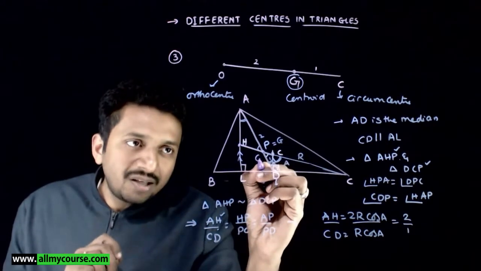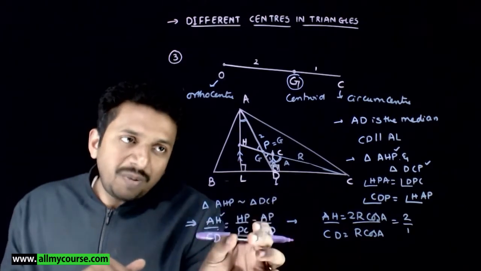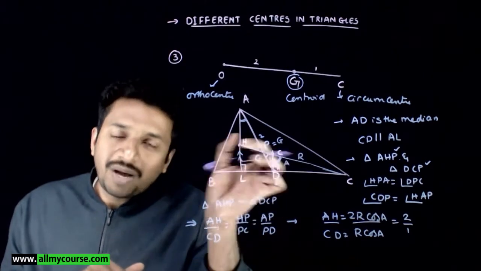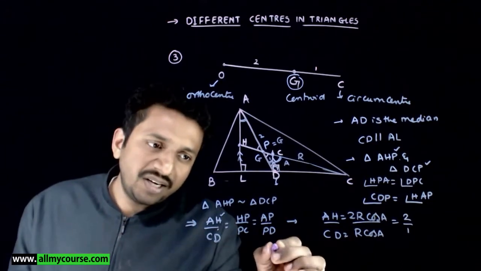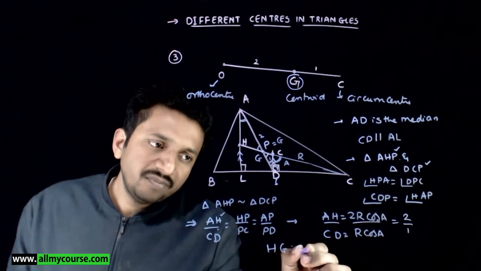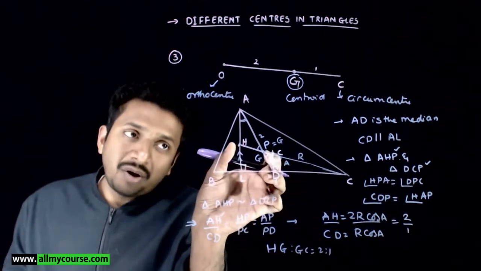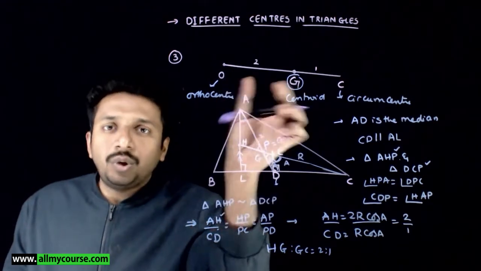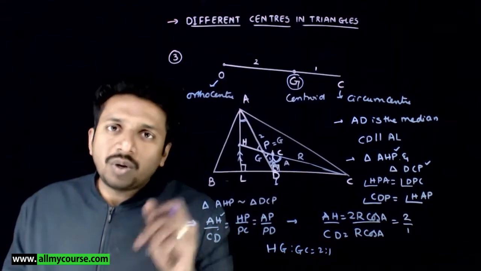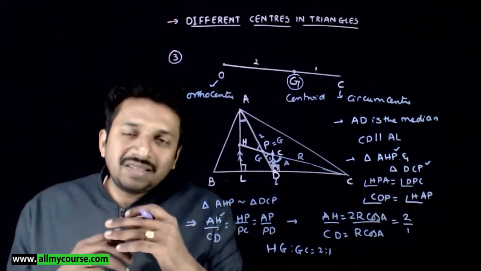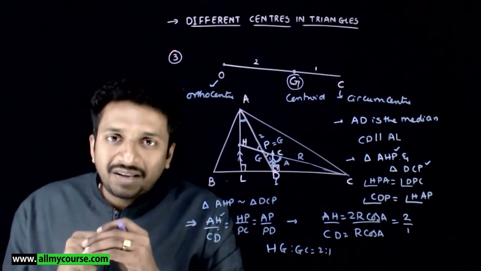So HP by PC becomes HG by GC, which is equal to 2:1. That's how we proved that the centroid divides the line segment joining the orthocenter and circumcenter in the ratio 2:1. So these are the properties that you need to know about the centroid of the triangle.